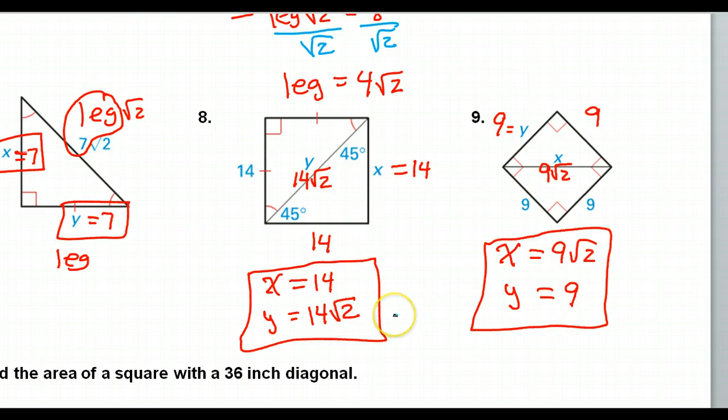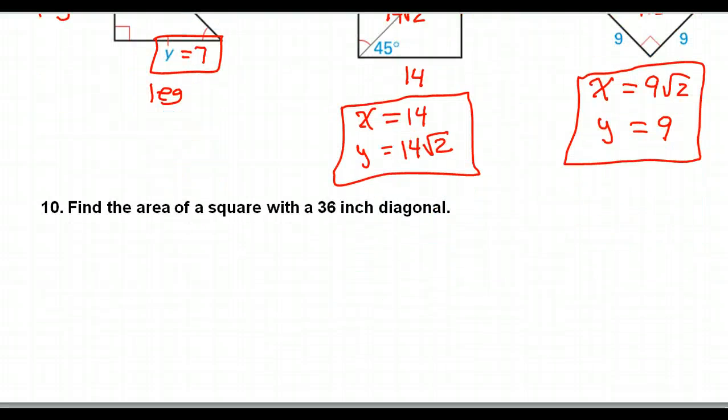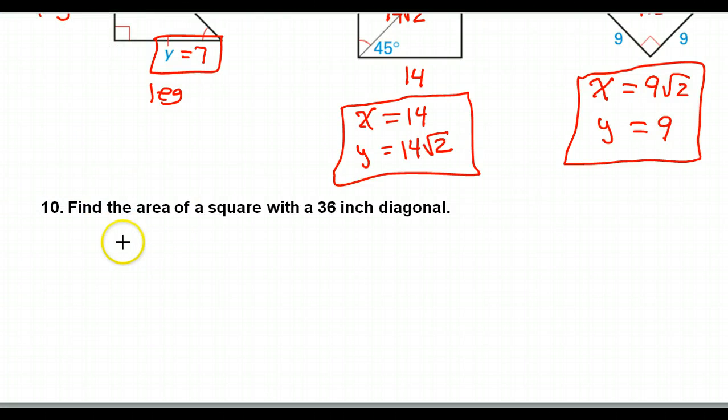Alright, and last but not least, number 10. Find the area of a square with a 36-inch diagonal. Okay, let's see. They mentioned a square, so I feel like we should draw one.